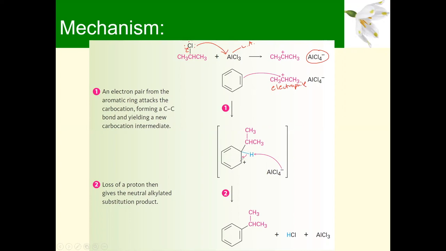The ring loses its aromaticity, but it wants it back, so it takes the electrons from that bond with the hydrogen to pump them back into the ring so it can become aromatic again. Then the catalyst comes along and serves as a base. It takes off that hydrogen and you get an HCl molecule as a byproduct, and you get the alkyl substituted benzene ring as your main product. Okay, that's the Friedel-Crafts reaction.